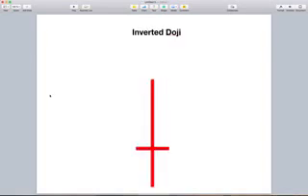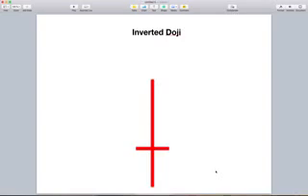Okay, same here, we have an inverted doji, basically the same doji as we had before, but here you can see that instead of having the candle body at the top, we have it on the bottom. This is basically telling us a little more about the pressure. The close was even weaker, and we closed lower than the other doji, meaning we have more selling pressure.